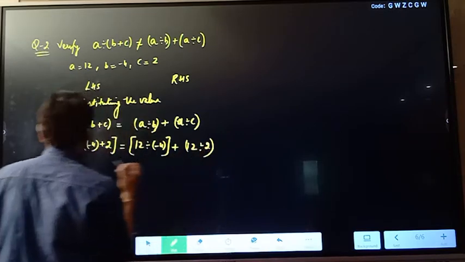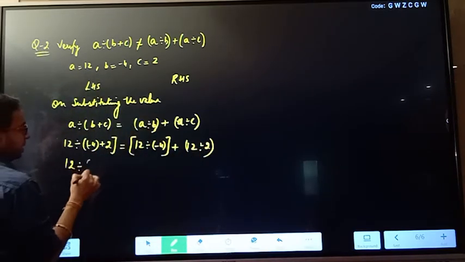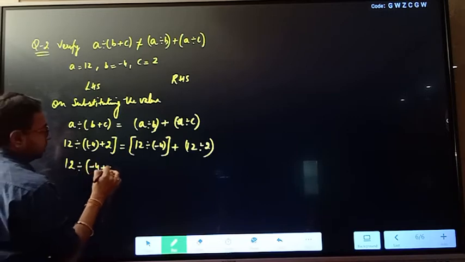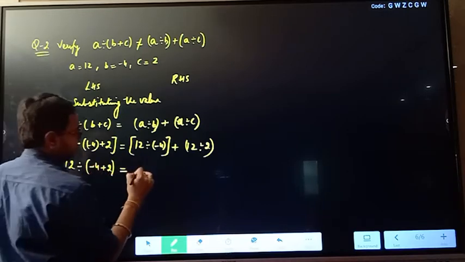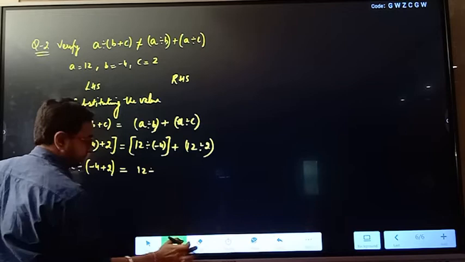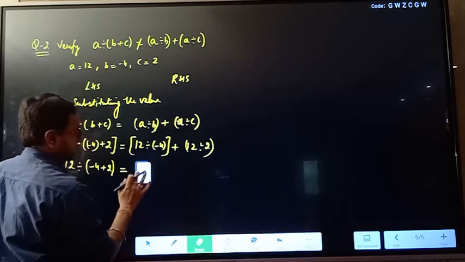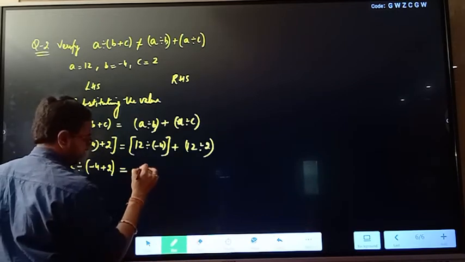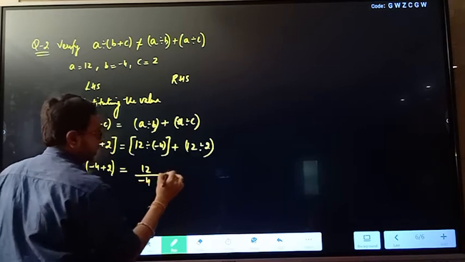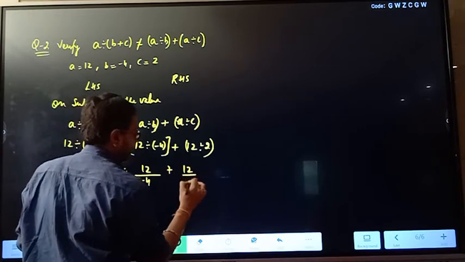Simply you can solve 12 divided by (minus 4 plus 2), and on the other side 12 divided by minus 4 plus 12 divided by 2.